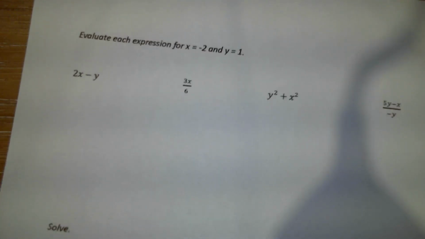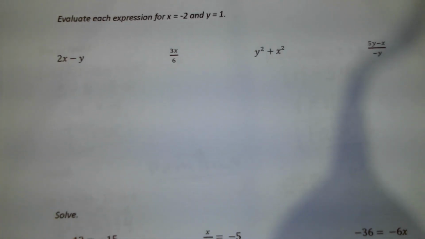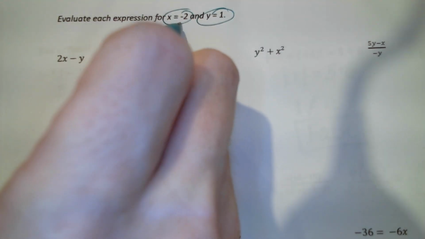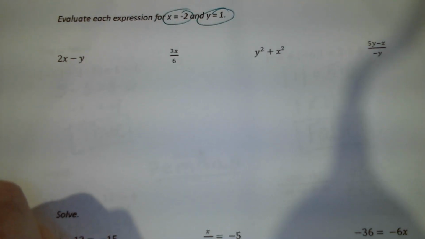Let's move on to evaluating expressions given our variable values. So the first one is 2x minus y, and x is negative 2 and y is positive 1. So I'm going to replace those with the values they've given me using parentheses.